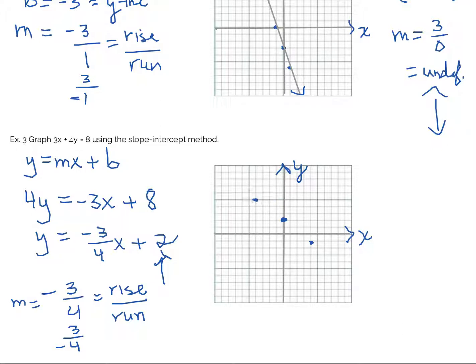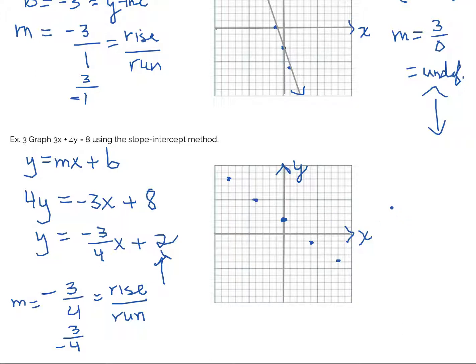You can keep going and going and going because in between any 2 points on a line, the slope is going to be the same. I could start down here and go 1, 2, 3, 1, 2, 3, 4. And I could go from this one, 1, 2, 3, 1, 2, 3, 4. So you can just keep going and going and going.